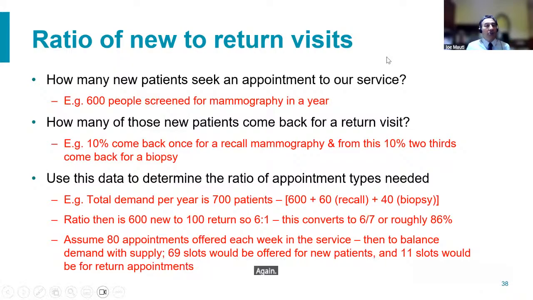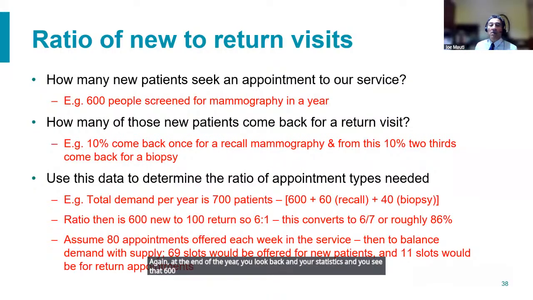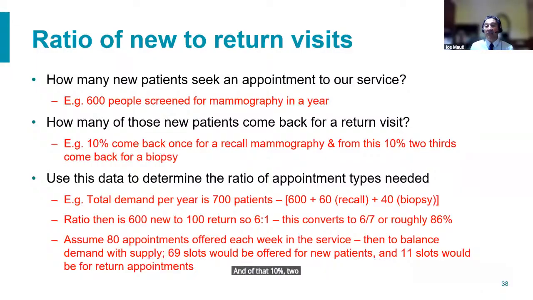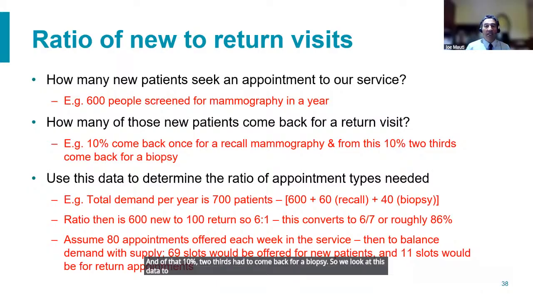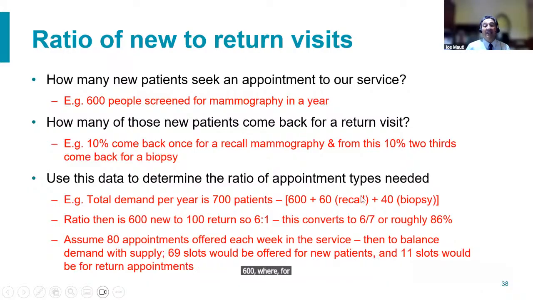Let's look at an example that describes what I mean by that. Again, at the end of the year, you look back in your statistics and you see that 600 people were screened for a mammography in that year. Of those 600 people, 10% were called back for a recall. And of that 10%, 2/3 had to come back for a biopsy. So we look at this data to determine what the total demand was. The total demand represents 700 patients. 600 were for the first visit, and 100 were for what we call return.